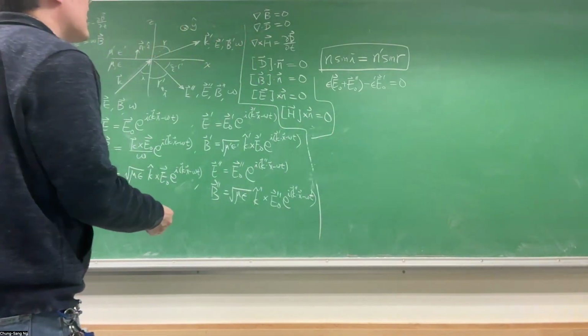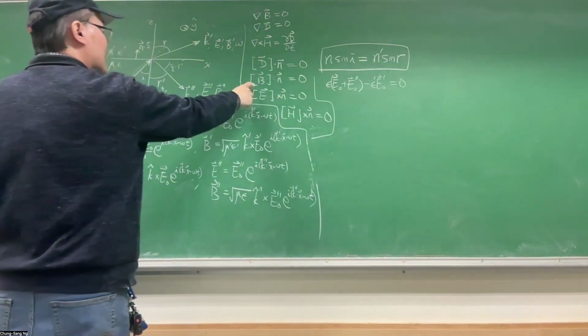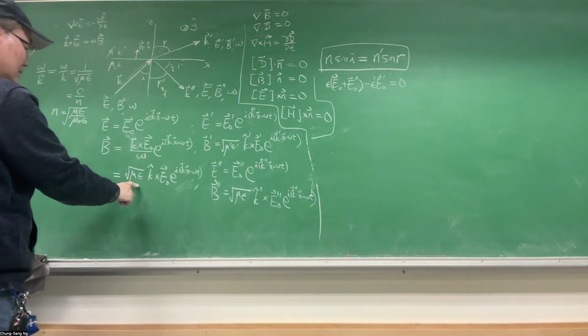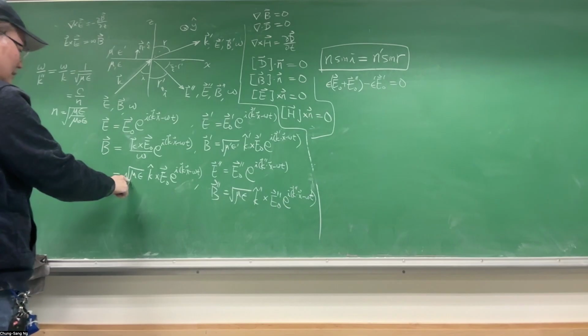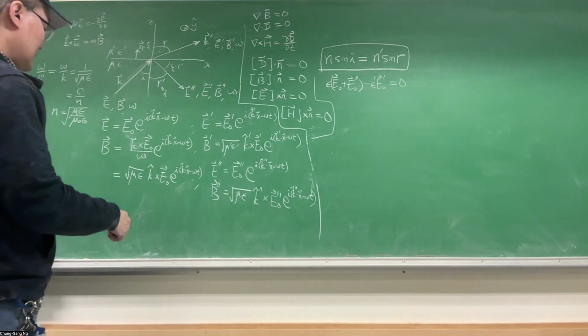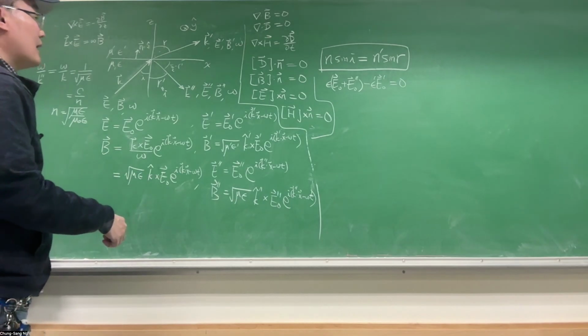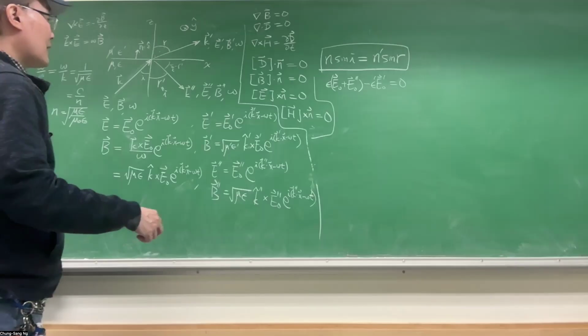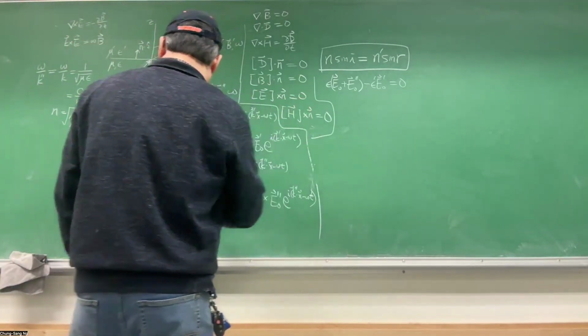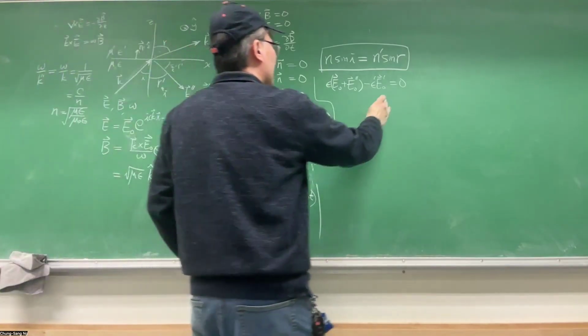That's straightforward. Now the second equation is B. B is given by this one, so you have the absolute value of the square root of mu epsilon, K cross E0. Now I forgot this dot n.